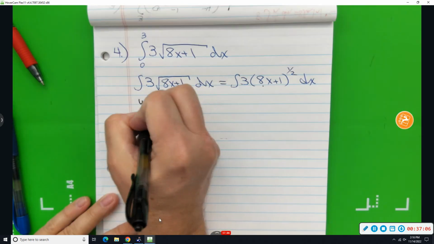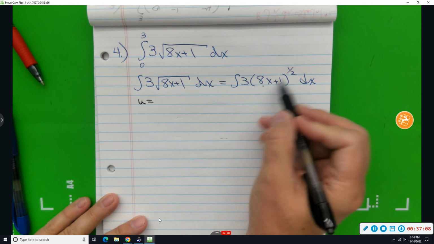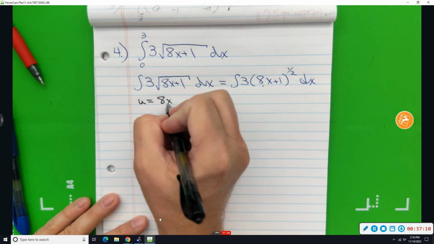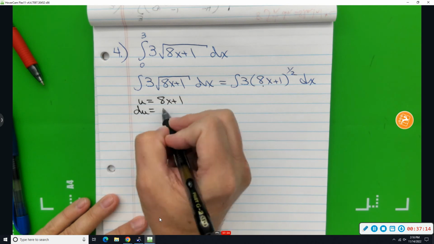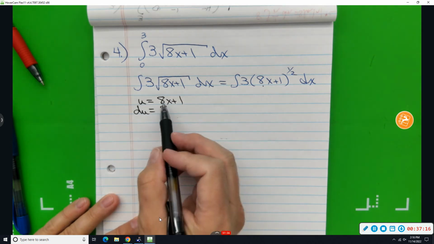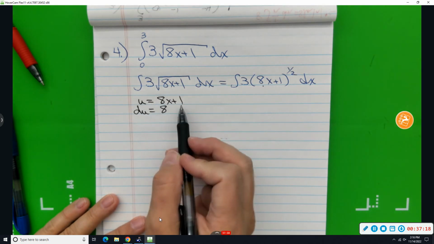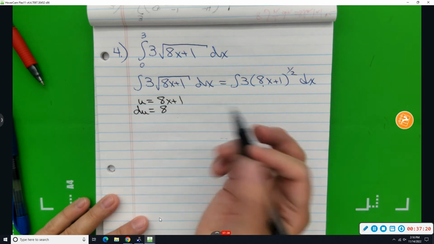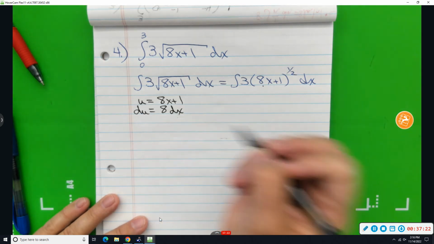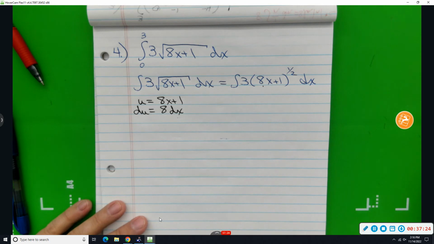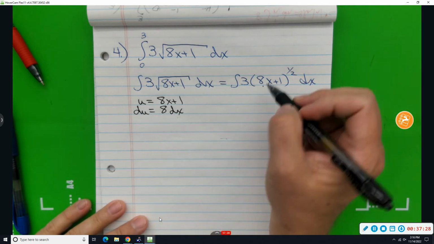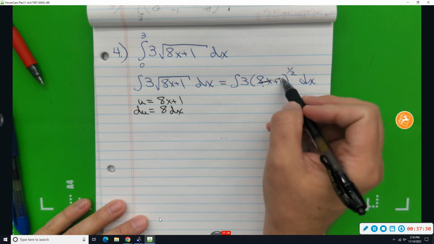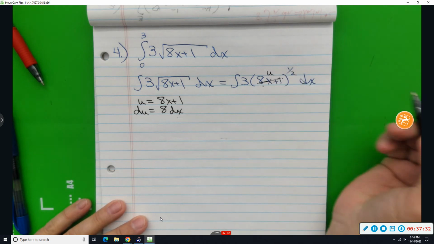I'd let u equal the thing that's being raised to the power, 8x plus 1, and then du is equal to 8. The derivative of 8x is 8. The derivative of 1 is 0, times dx. So we're going to be replacing this thing, the 8x plus 1, with a u.